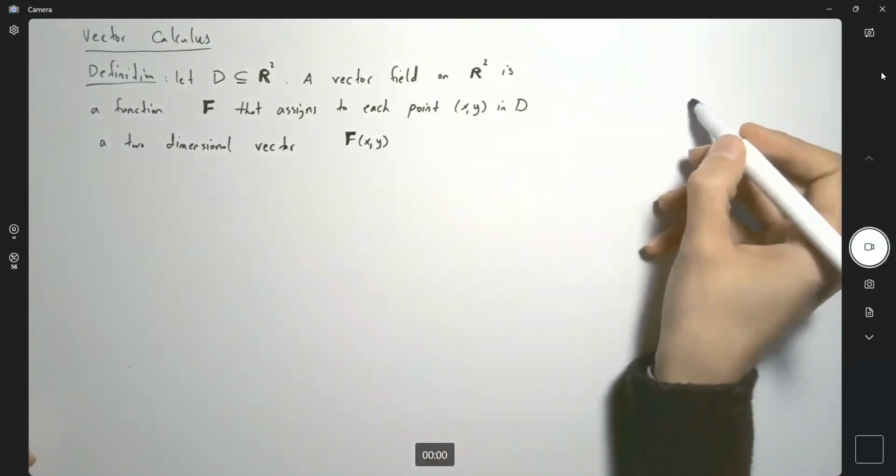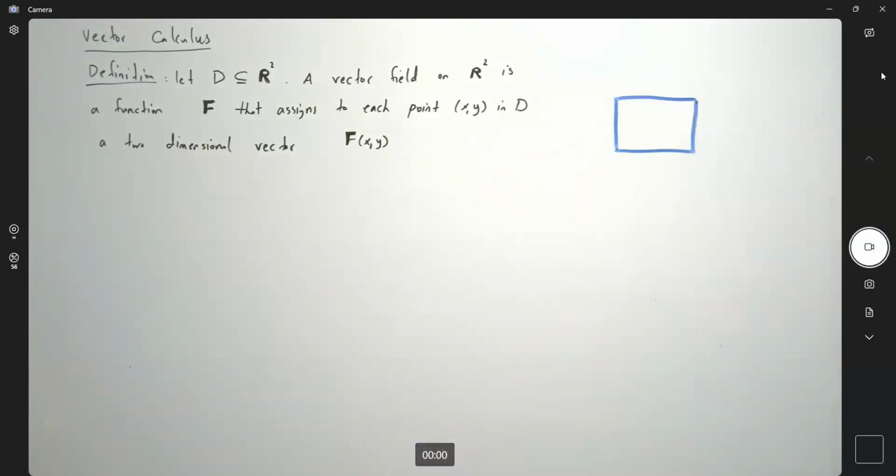So we have a function. What does this function do? You have some input values.